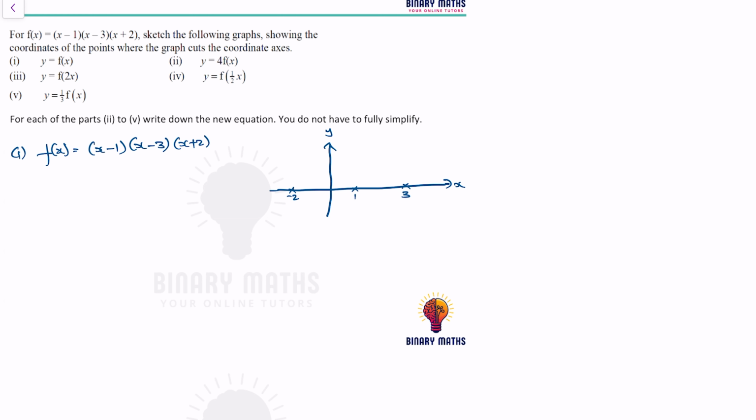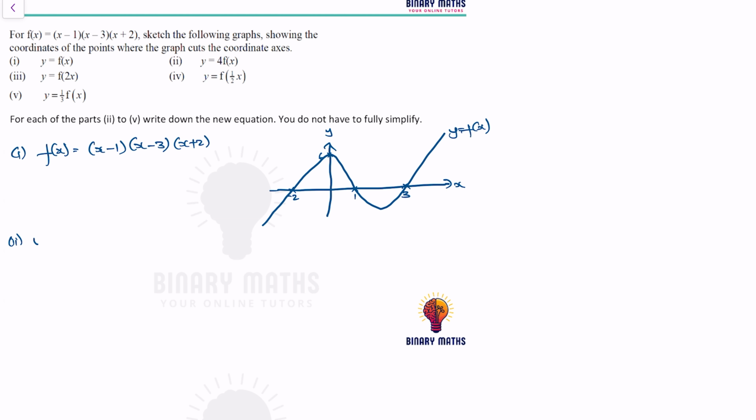The y-intercept is going to be minus 1 times minus 3 times 2, which is a positive 6. It's a positive cubic graph, so it starts off in quadrant 3 and ends up in quadrant 1. So this is y is equal to f of x. We don't have to write the new equation for this one, so you can just leave that part.